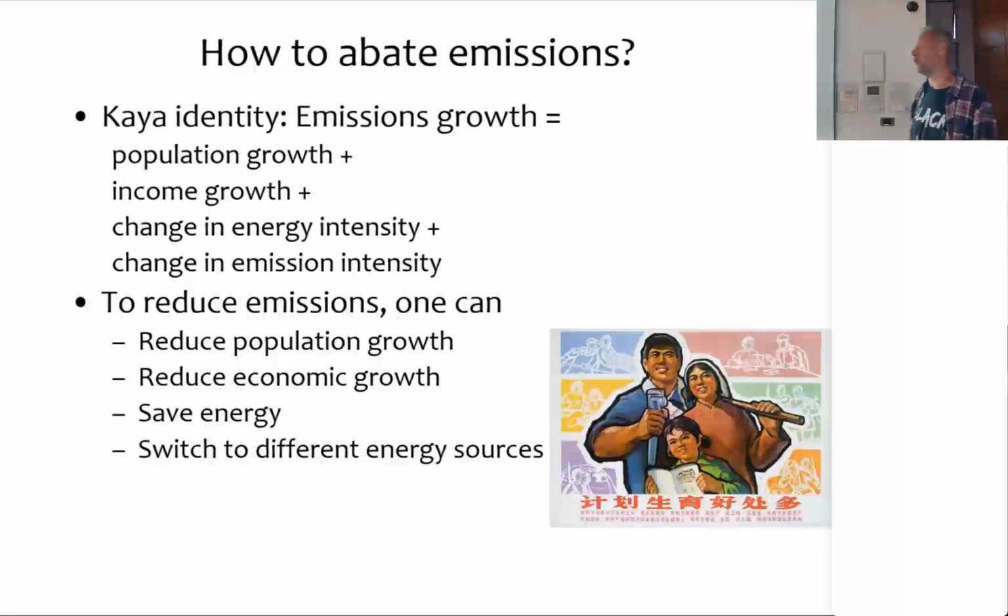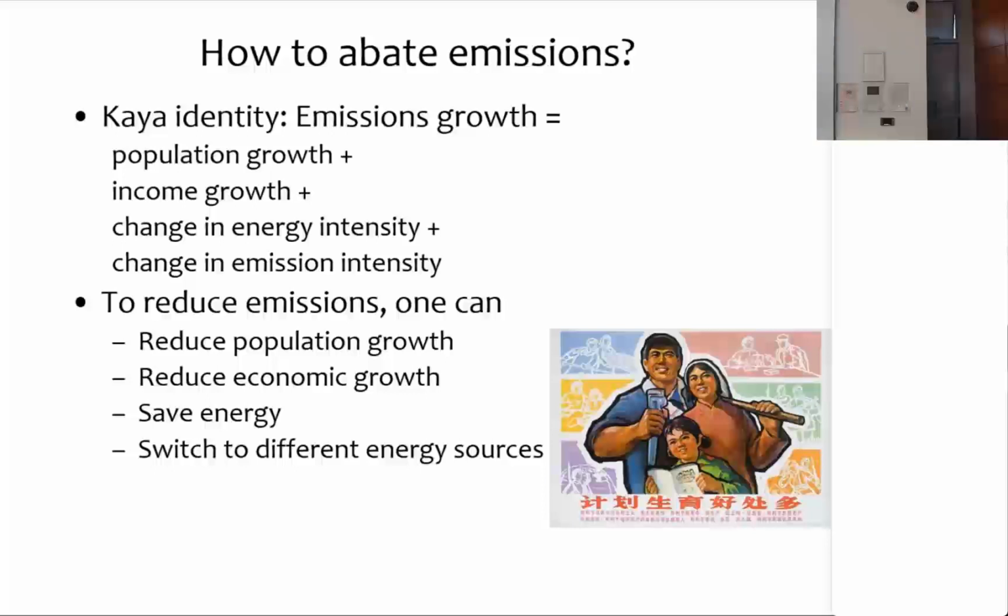Because there's essentially 4 options. What we want for emission reduction is that this thing should become negative, right? Emissions should fall, that means they should grow at a negative rate. There's 4 basic options to do this.